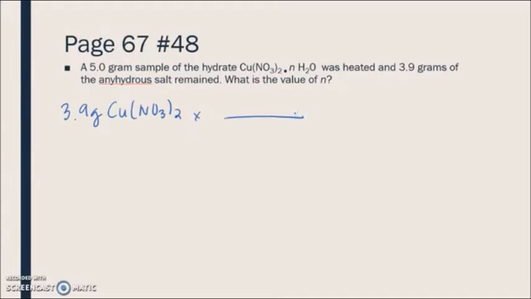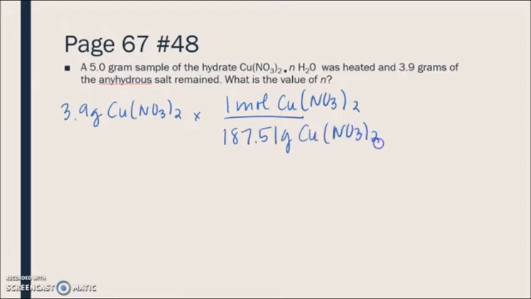You are going to put the molar mass from the periodic table here. So that's 1 mole of copper nitrate. When you plug all that in, one copper plus 2 nitrogens plus 6 oxygens gets you this, and you get 0.021 moles of copper 2 nitrate.